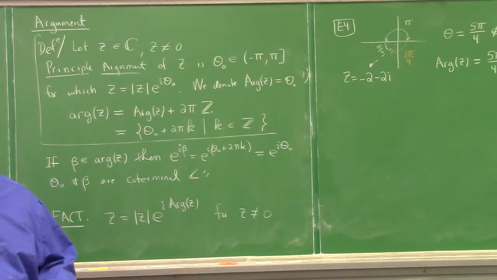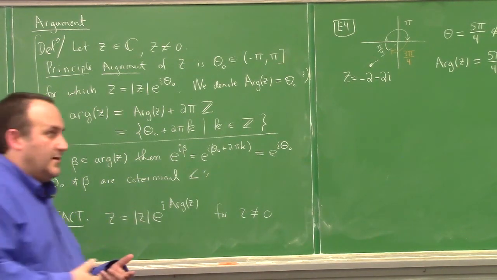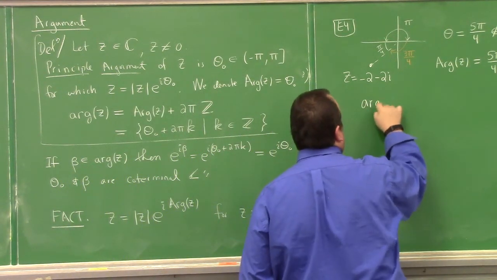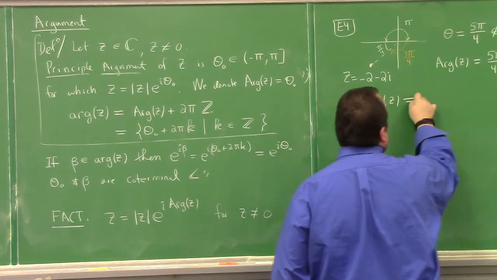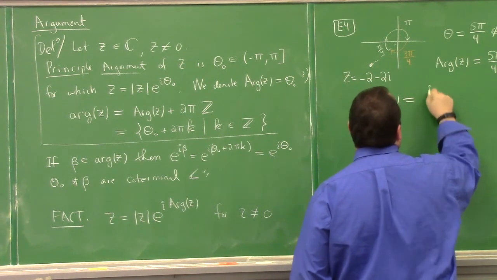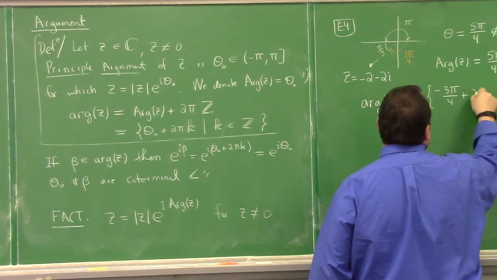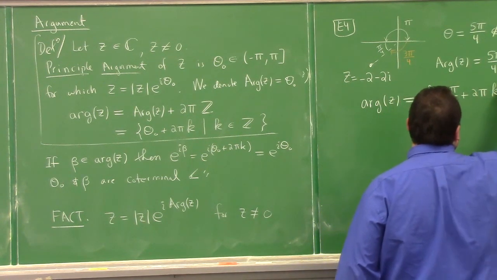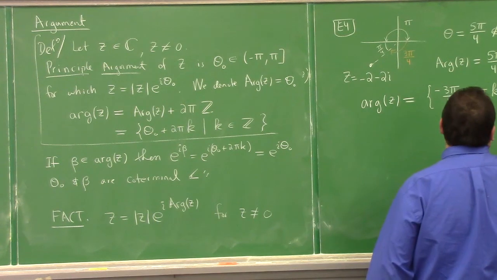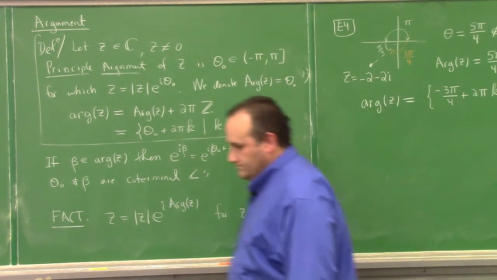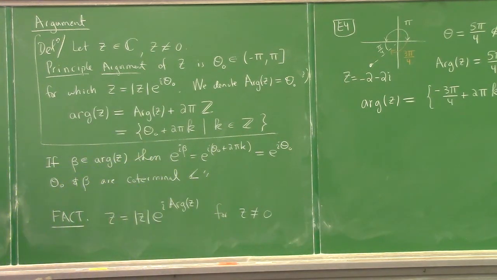So that's the argument. Now, little arg in this case is the set minus 3 pi over 4 plus 2 pi k, such that k is an integer.